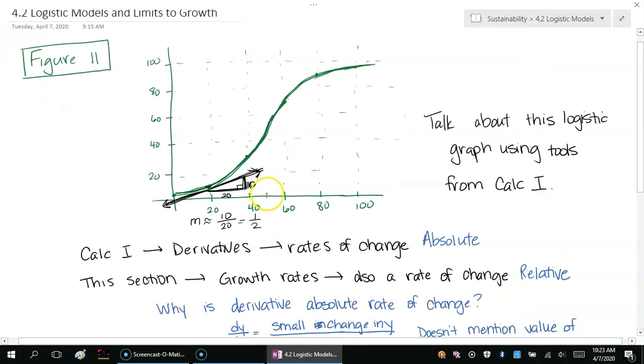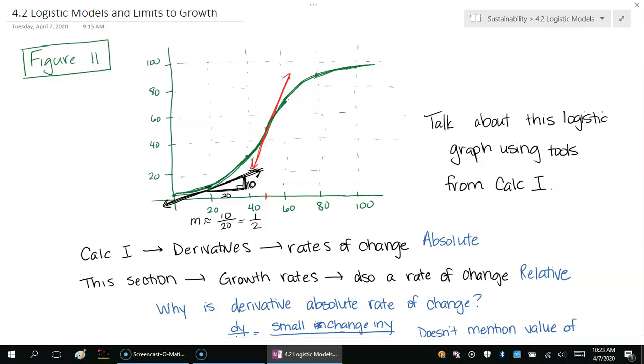So at 50, let's see, I'm right about here. So when I sketch my tangent line, it's going to look something like this, and my goal is to figure out what the slope of that tangent line is.